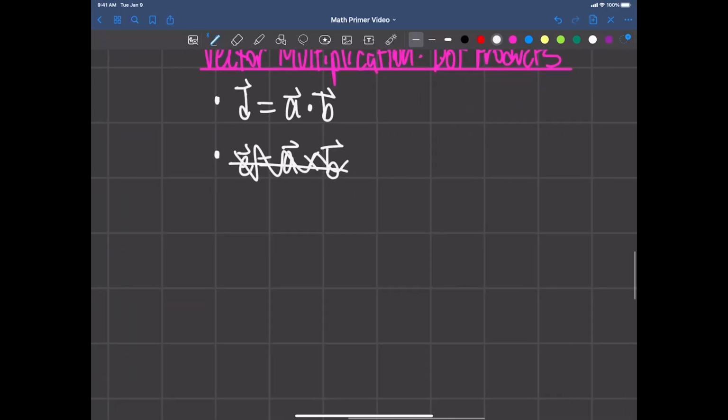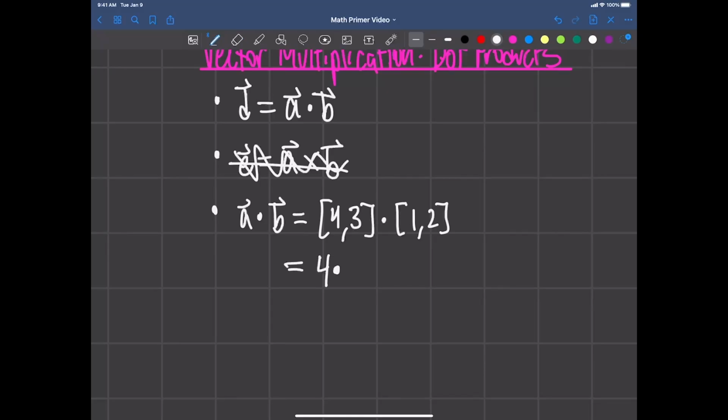So, if we had A dot B, which from the previous example is (4, 3) and (1, 2), we do 4 multiplied by 1 plus 3 multiplied by 2.